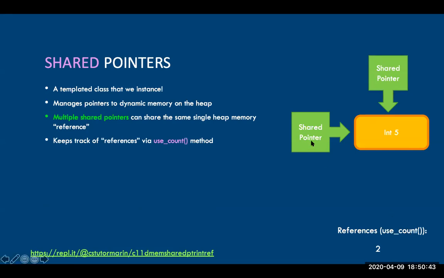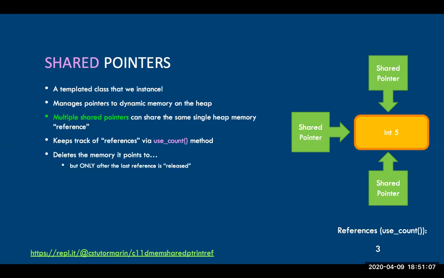So that reference count will live in the instance of each shared pointer, and it will be synchronized. So every time we add a new shared pointer to that same chunk of memory on the heap, the reference count for each of those pointers goes up in sync, so that they all know there's somebody else out there potentially or not currently pointing at that piece of memory. So that's the key difference with shared pointers, is we get that reference count.